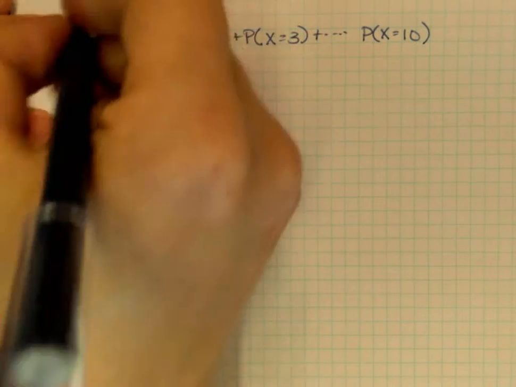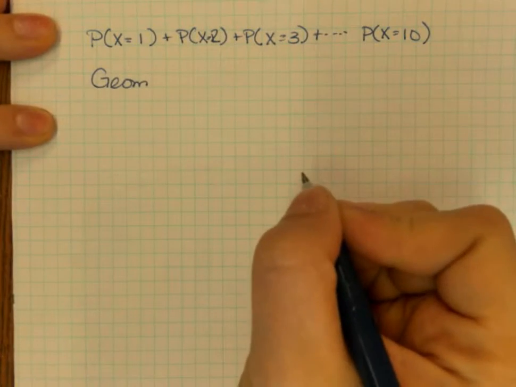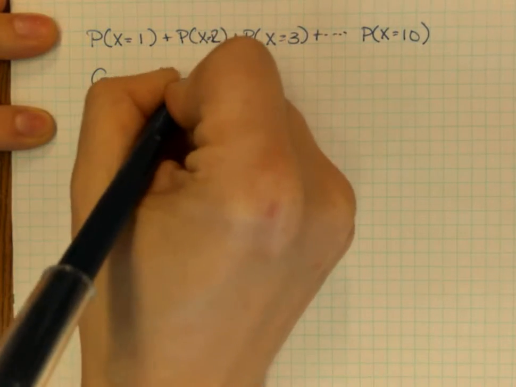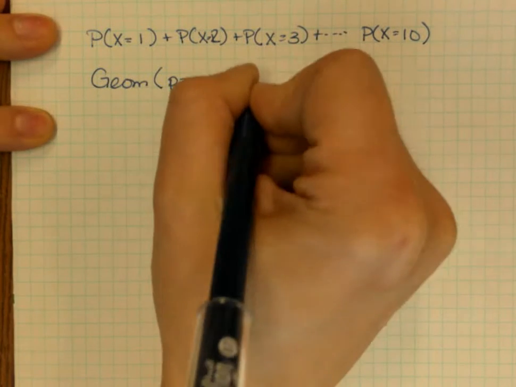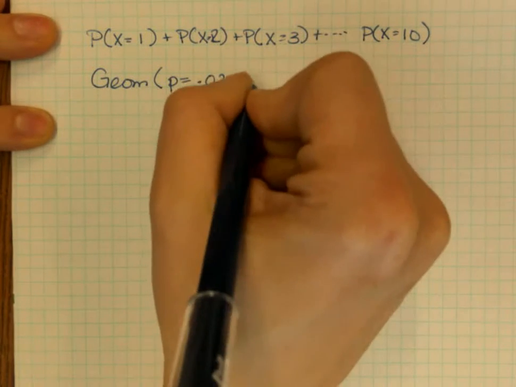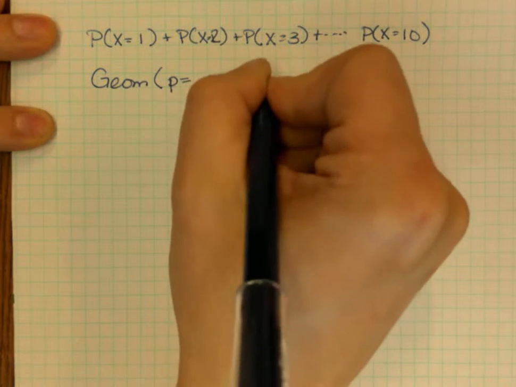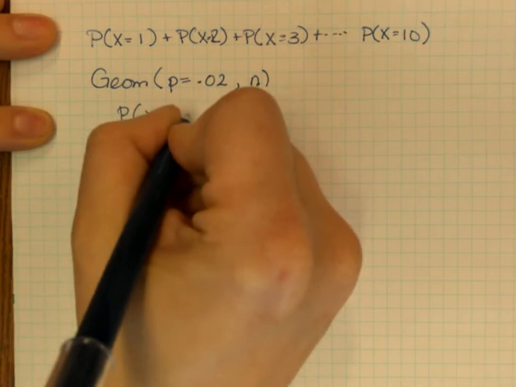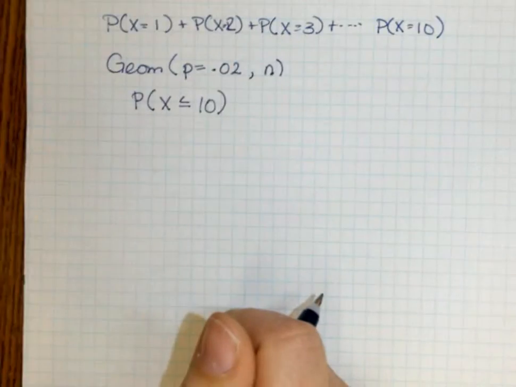So instead, I know that I'm doing a geometric model where the probability for success is 0.02, and I've got some number of terms, and I want to find the probability that it happens within the first 10.